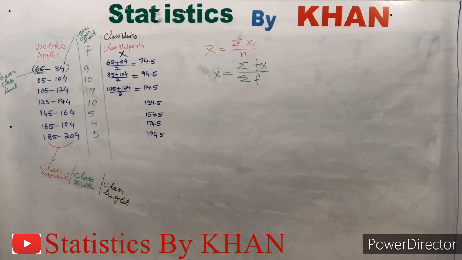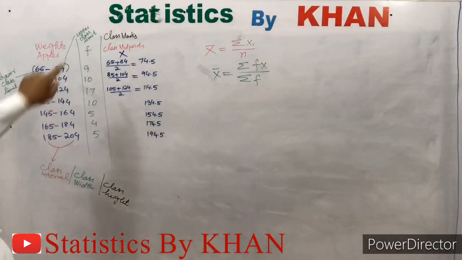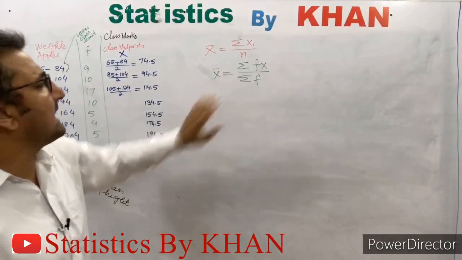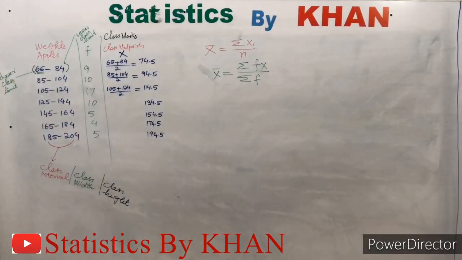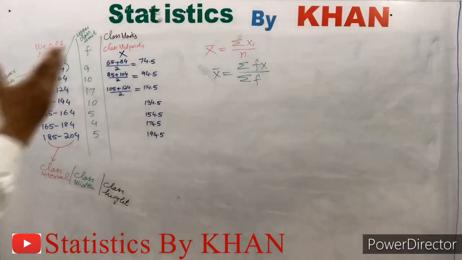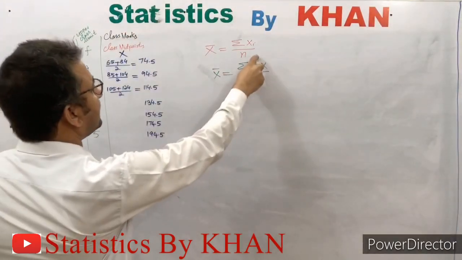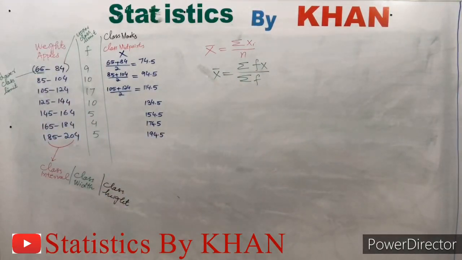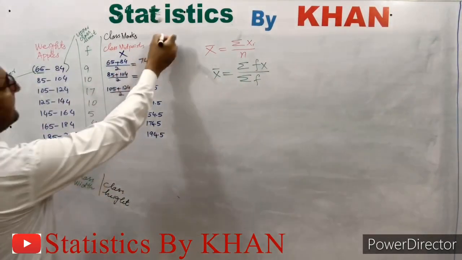So now we have f, we have x. In these two formulas, the second one is the appropriate formula for this case. To apply the second formula, we need the multiplication of f and x. So for this purpose, we are finding fx.